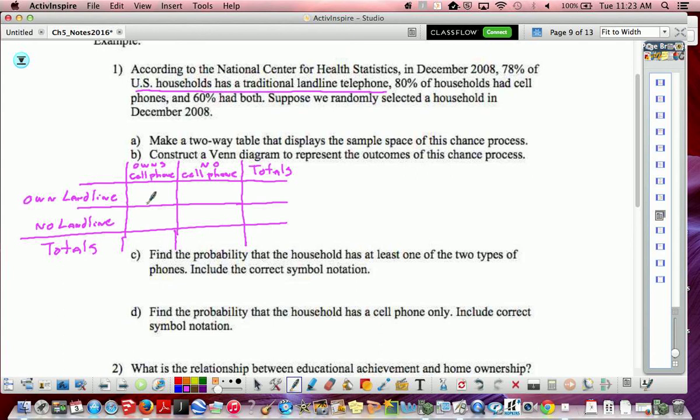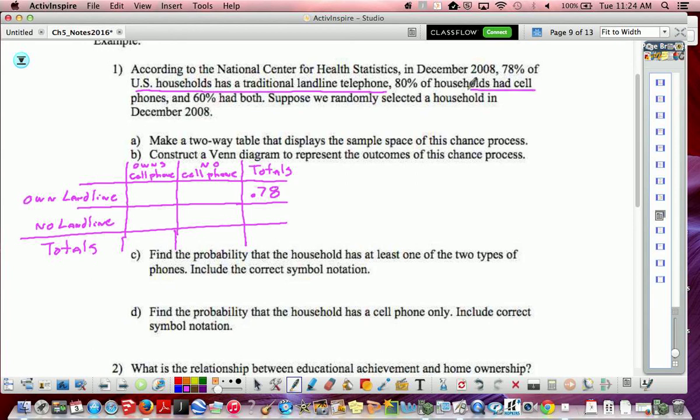It goes here, for the total number of people who own a landline. So where does the 0.78 go? There, beautiful.